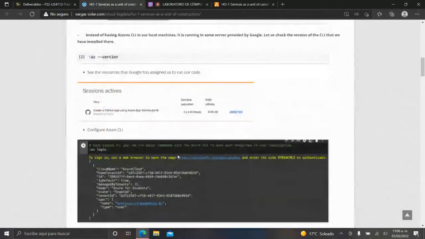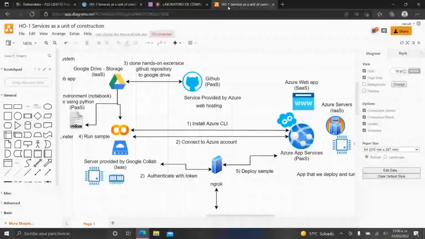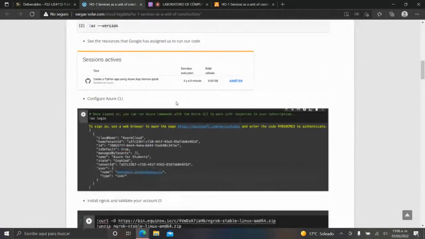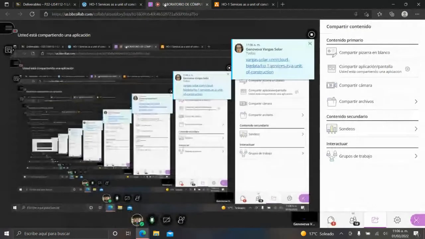Just to guide you, it was after, if you go to the specification, I'm not even sure if you have it, but I'm going to put it here. Yes, that one.